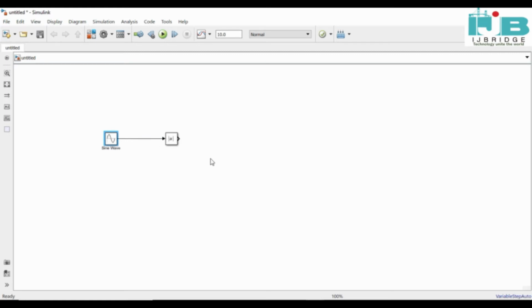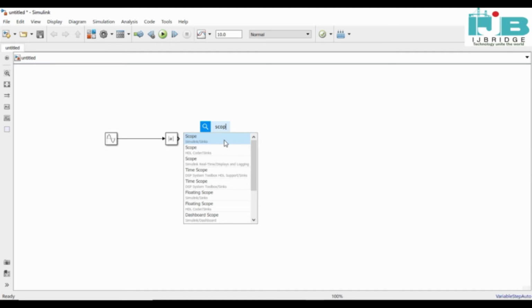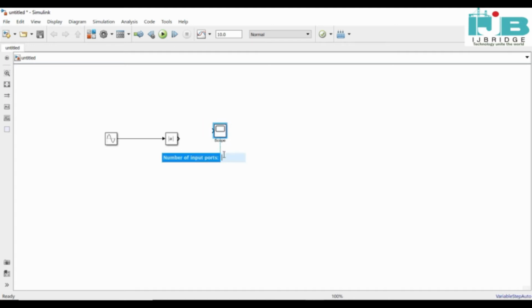I'm keeping the amplitude as default, -1 to +1, and I'll insert a scope to see the output. I'm making two inputs to the scope. One I'll give the sine wave as it is as the input, and one I'll give as output. So I have a direct comparison between the input and the output.